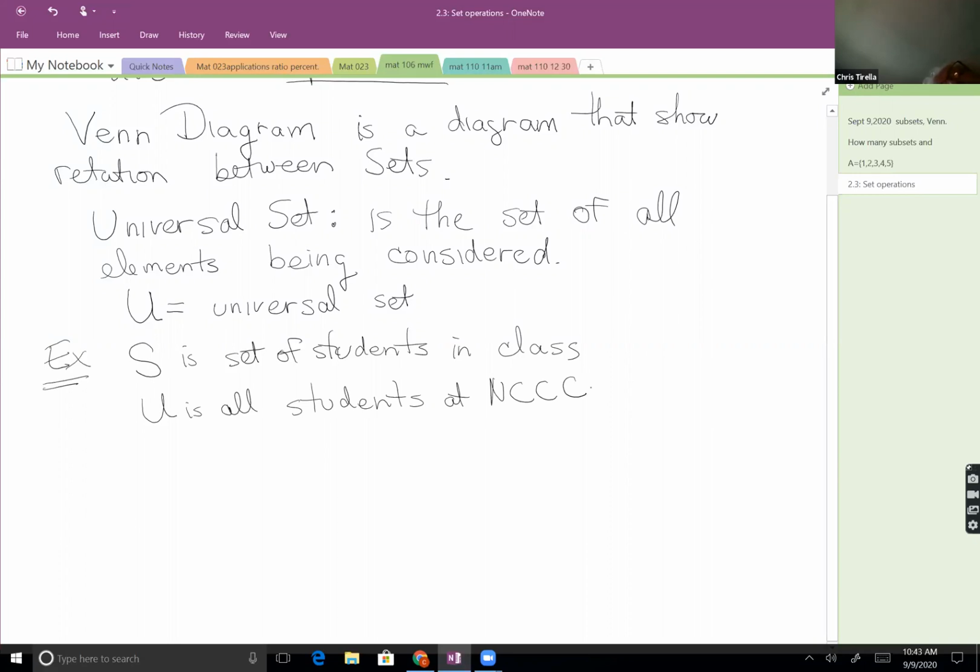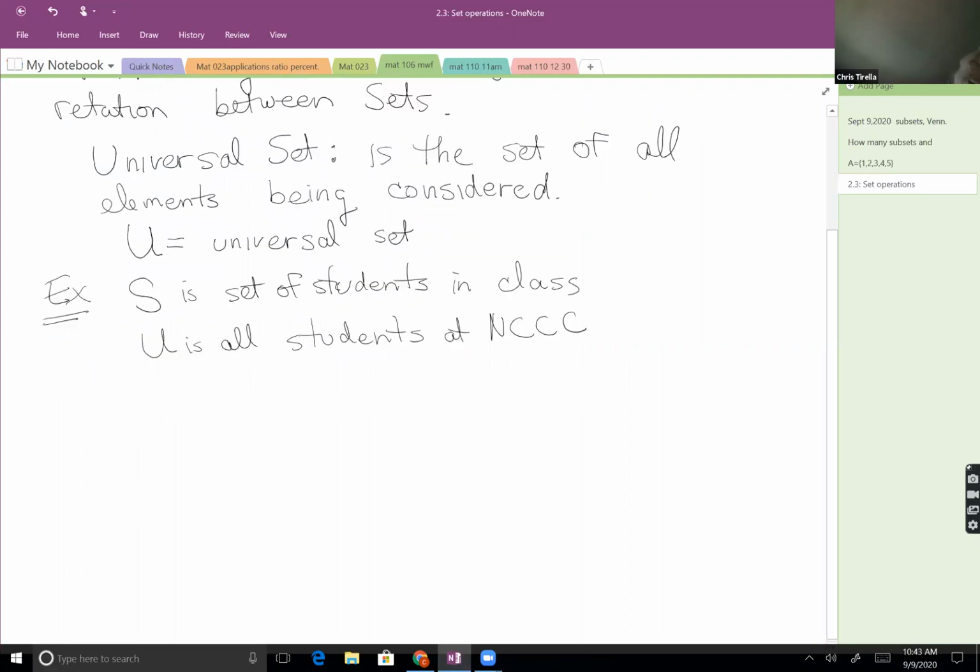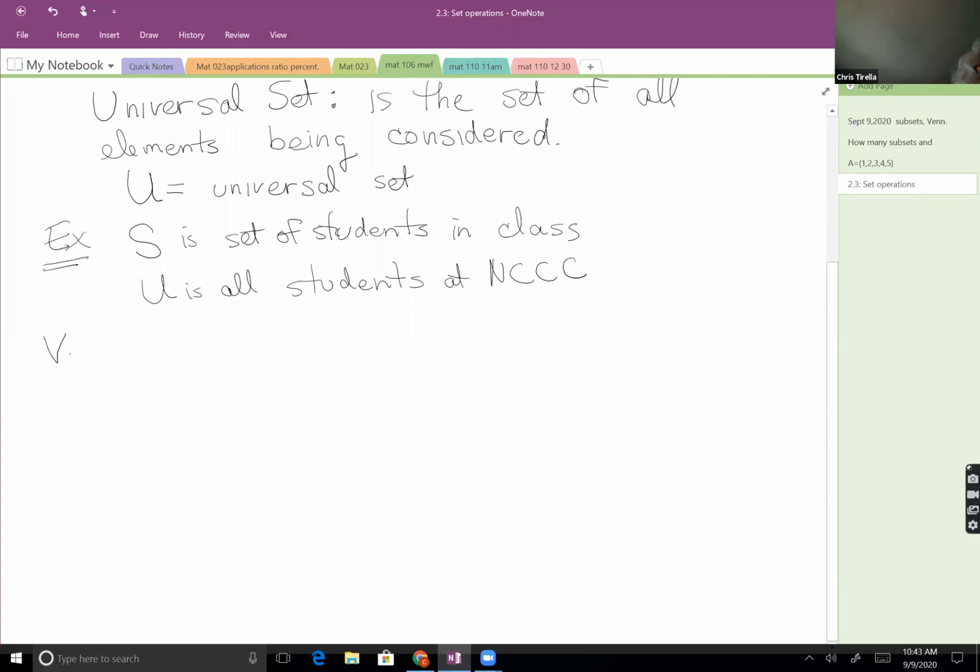And so it's a bigger group that contains everything that I might be considering. When I look at a Venn diagram, we're going to always start by first drawing the universal set as a rectangle.